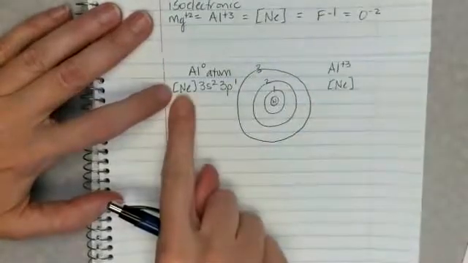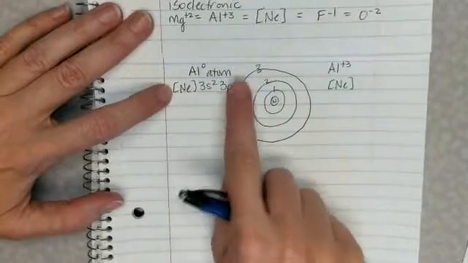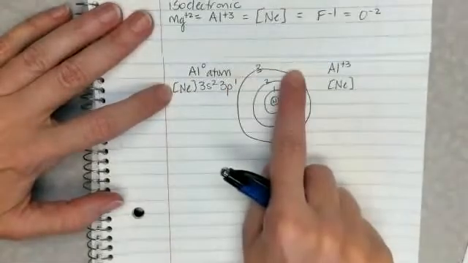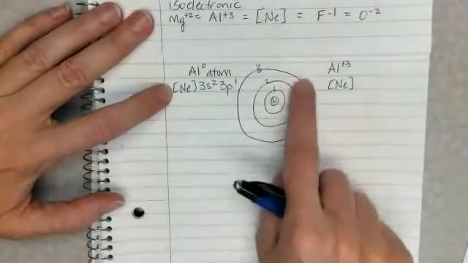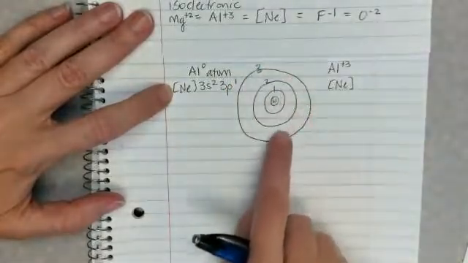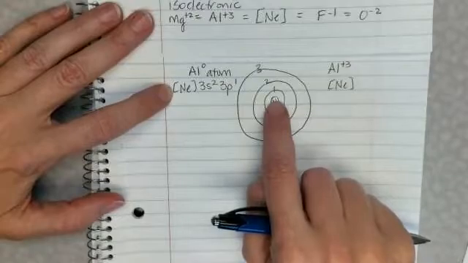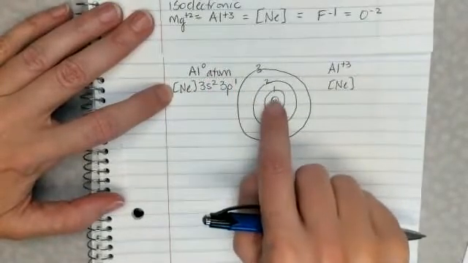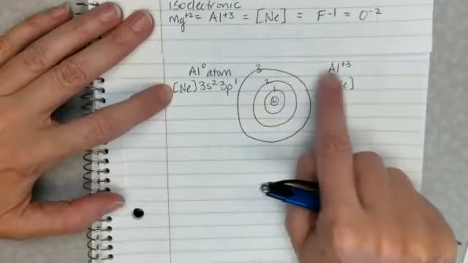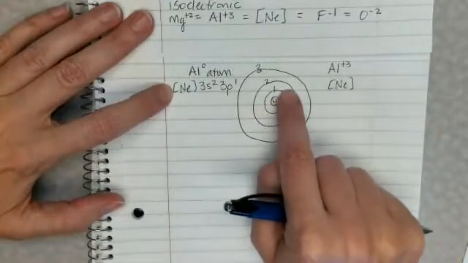In the case of the atom, I have filled the first shell, the second shell, and I've put electrons into the third shell. In the case of the cation, I have emptied out the third shell. So ionic size or radius is the distance from the nucleus to the highest occupied shell. The atomic size here goes from the nucleus to the third shell. The ionic size only goes from the nucleus to the second shell.